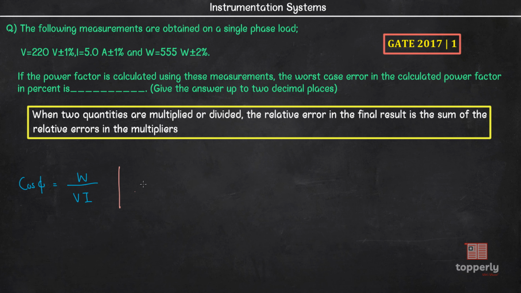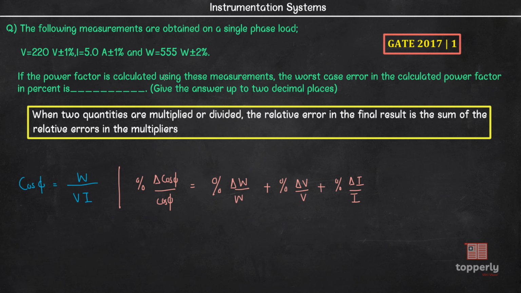Therefore, we can write percentage delta cos phi by cos phi is equal to percentage delta W by W plus percentage delta V by V plus percentage delta I by I.